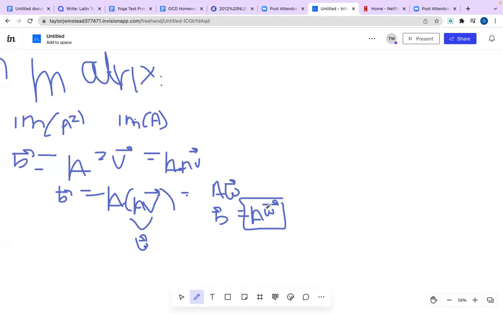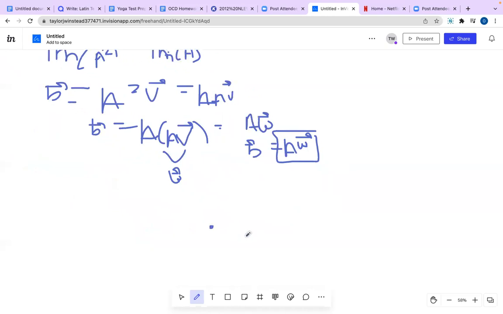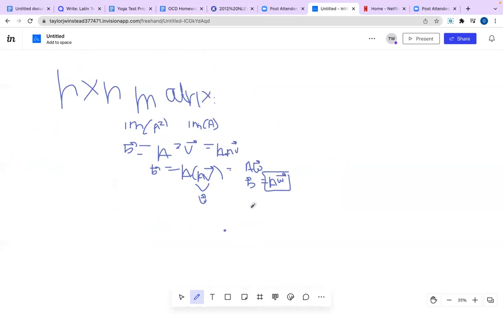The image of A is all of the outputs that are possible, right? So that's going to be A times a vector, and we've managed to turn A squared V into A times a vector. So that means that we've just proved the theorem, right? They drew a little diagram to help us with that, but I don't think it's really necessary.